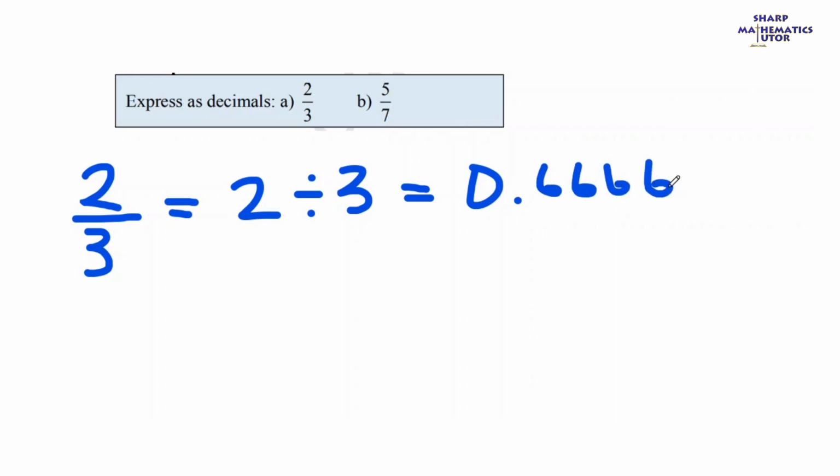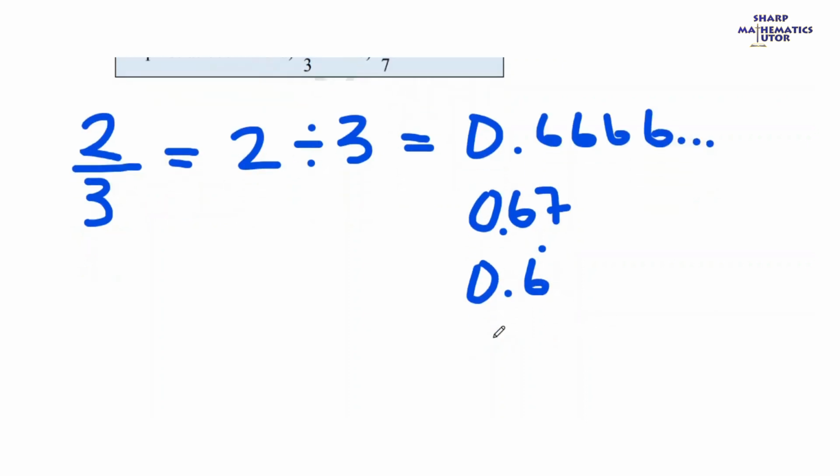So you would have 6 going on and on in that direction. Right? So you can easily just round that to 0.67, or you could have your 0.6 and put a dot over it right there. So what that right there means is that the 6 will continue indefinitely, right? It goes on and on.